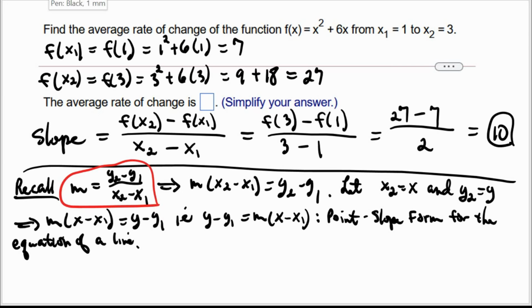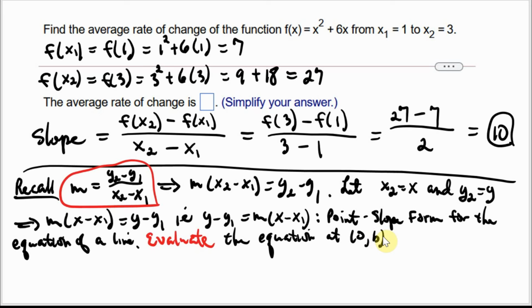Now going further, if I take that same formula, and if I evaluate the equation at 0, 4. What's 0, 4 called? 0, 4 is what point?